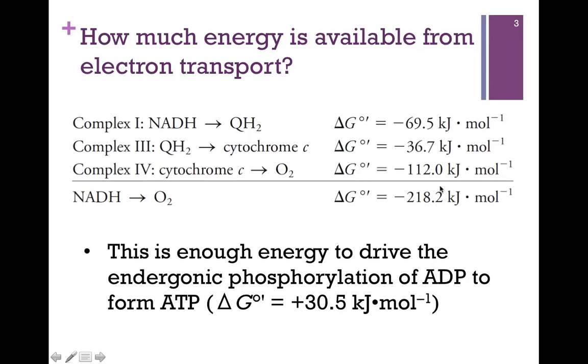So the total free energy released in the transfer of those two electrons down an electron transport chain is about 218 kilojoules per mole. Each phosphorylation of ADP to form ATP requires the input of about 30 kilojoules per mole. So by simply passing those two electrons down the electron transport chain, we can actually have enough energy to create several molecules of ATP.